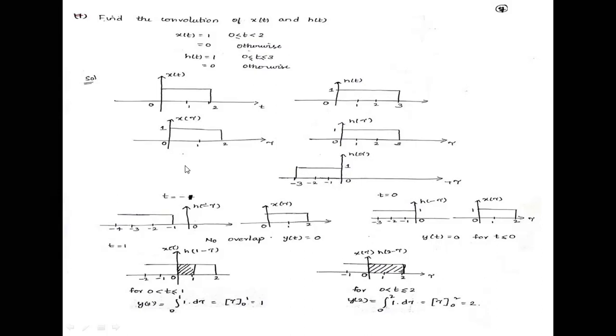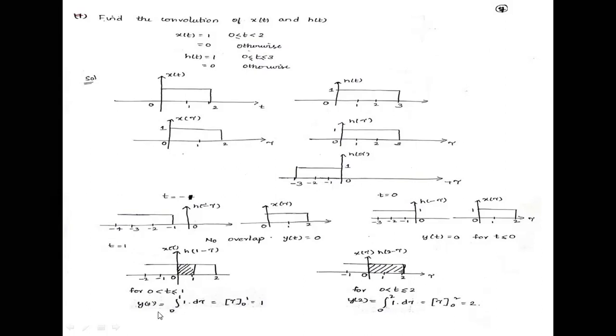Okay, at t equal to 0, there is no overlapping here. It starts at 0 and ends at 0, so that value is 0 only. Shifting towards the right side, the range is 0 to 1, shifted towards the right.